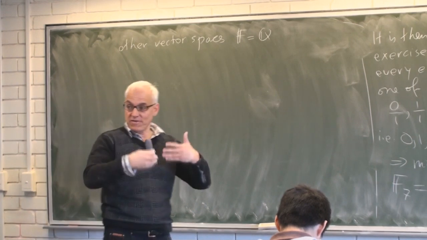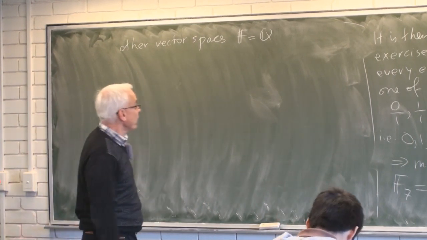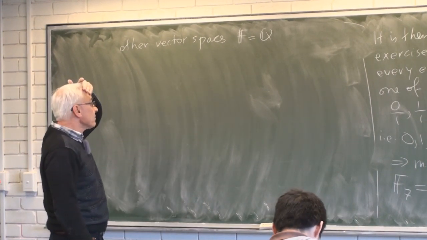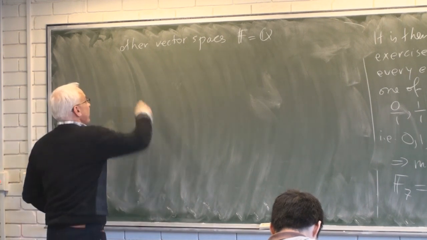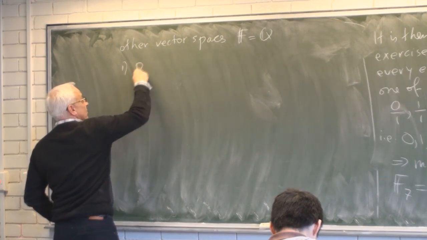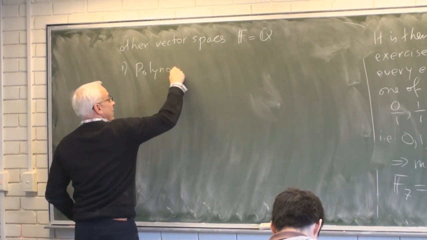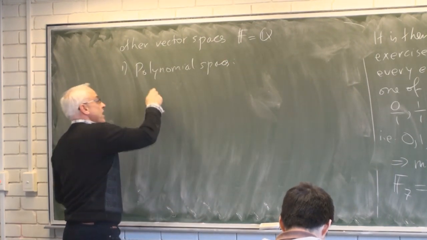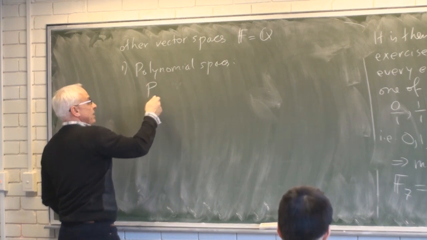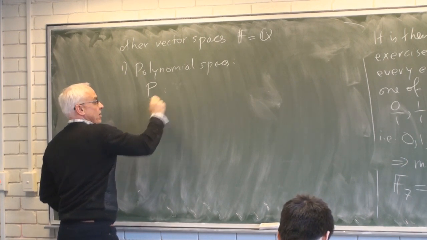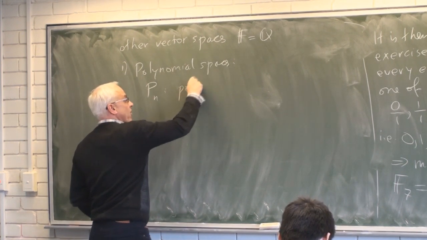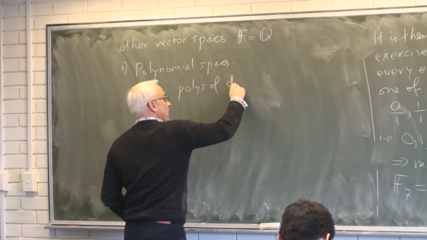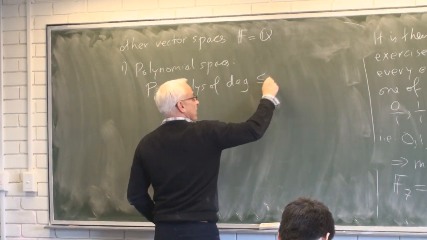Then some other examples of vector spaces over the rational numbers include polynomial spaces. For example, we might think about P_n, consisting of polynomials of degree less than or equal to n.